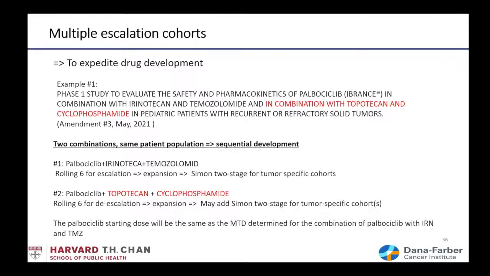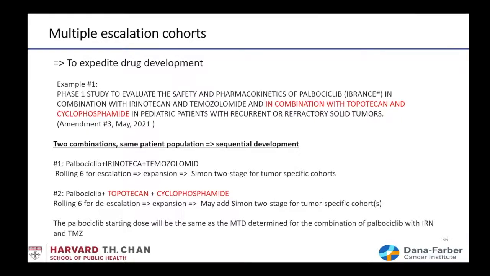The first one is a phase 1 study studying combinations of 3 drugs using a rolling 6 design. In the latest amendment last year, they amended the protocol to add additional combinations of the 3 drugs.